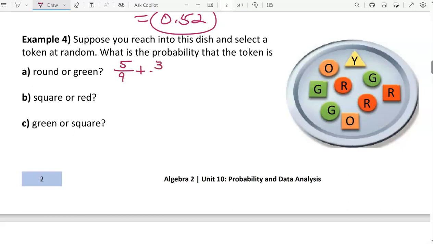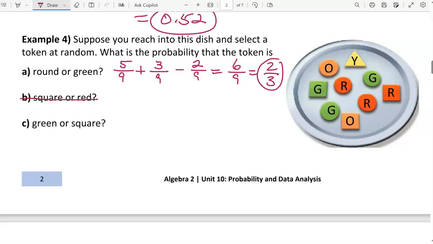There are 3 green tokens, so that's 3 out of 9. And now we have to subtract out the ones that we've counted twice. So the ones that we counted twice are the ones that are both round and green, and there are 2 of those. So 5 plus 3 minus 2 is equal to 6/9, or in lowest terms, 2/3.